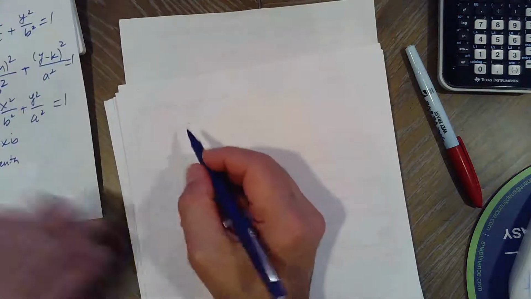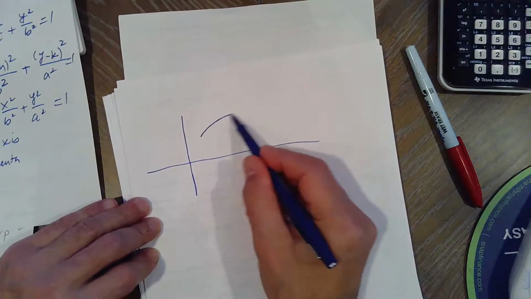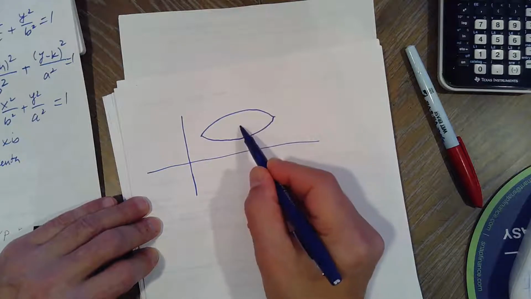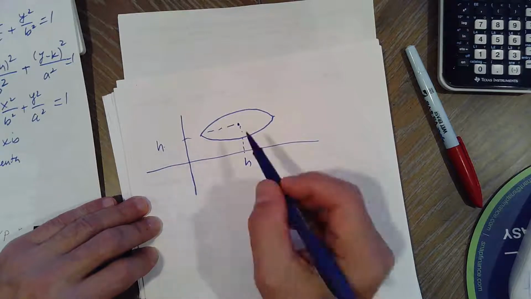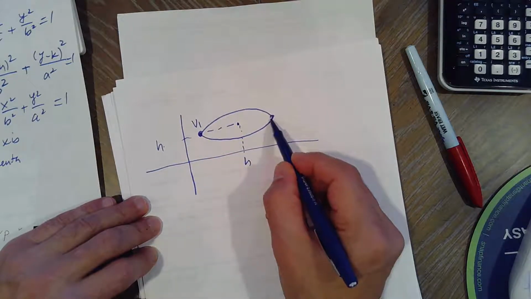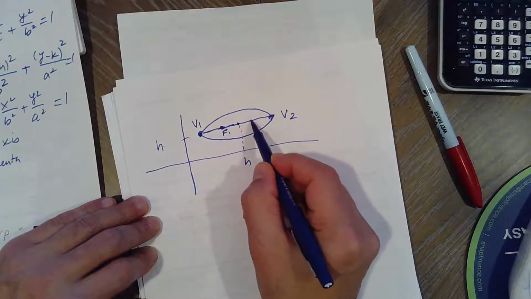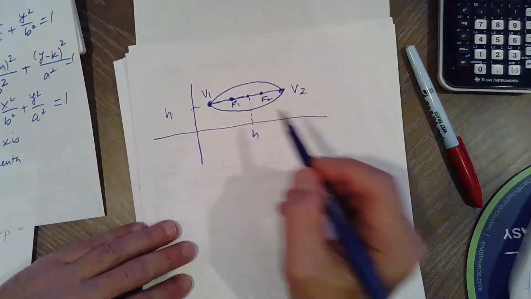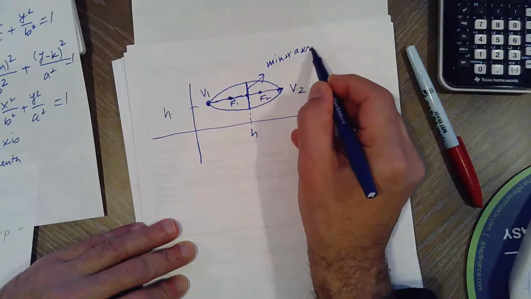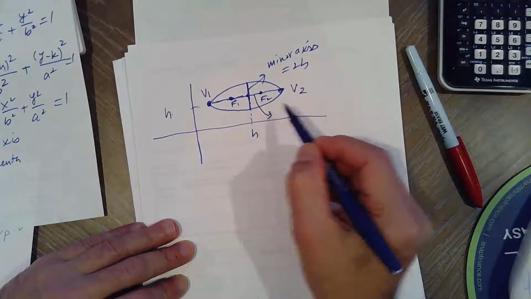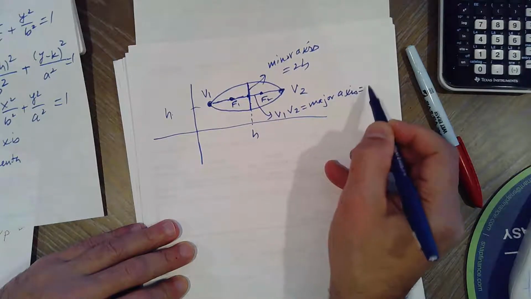So basically, let me show you these two cases. If you have a horizontal major axis, the center is at (h, k). So this is a vertex, this is a vertex, and the foci will be F1, F2. And this is the minor axis. Its length is 2b. The major axis, V1, V2, is 2a.